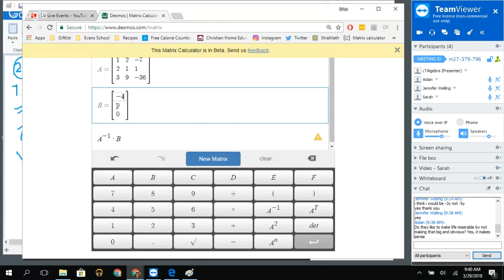So it doesn't really matter if I put in the solutions. There we go. So it's telling me that singular matrices do not have an inverse. That's even more information than I was expecting.